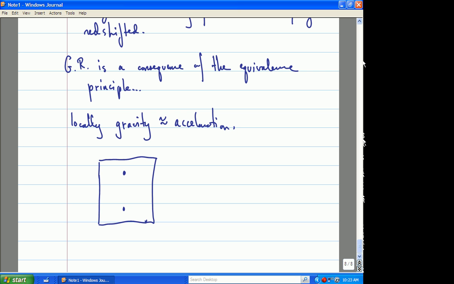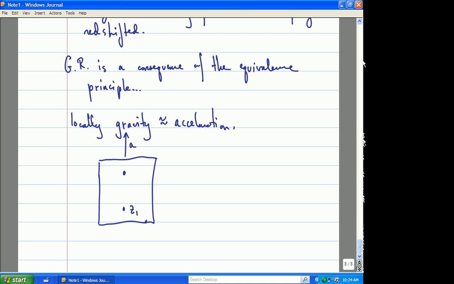So let's imagine that we have an elevator which is accelerating upwards at some constant acceleration a. Now, the physics in this elevator is supposed to be identical to that in a gravitational field accelerating downwards with a strength a.